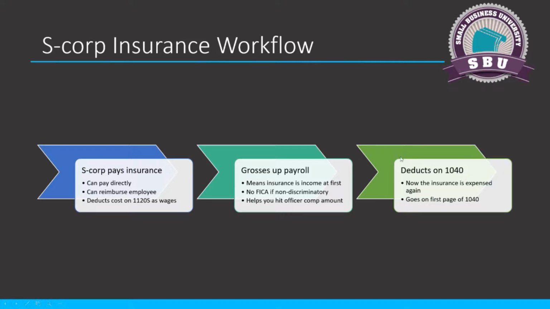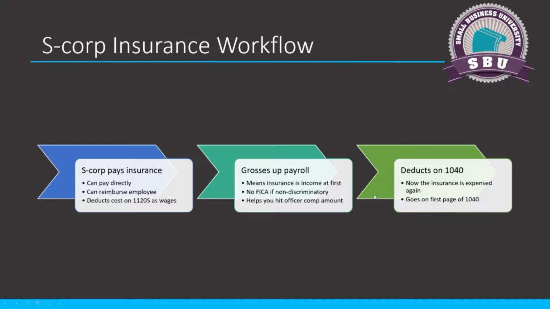And then on the 1040, they get to deduct it again. So it goes deduction, gross up, deduction. Goofy, right? I have no idea why we have to do it this way, but the IRS says this is what they want to see. I would much rather it be either the business deducted it here, and we don't mess around with any of this nonsense, right? Or if the business doesn't deduct it here, we just deduct it on the 1040.